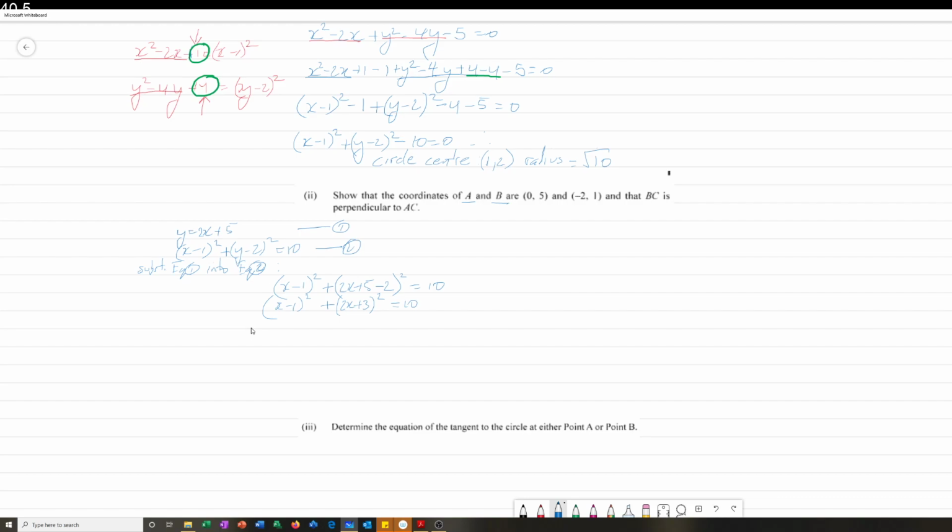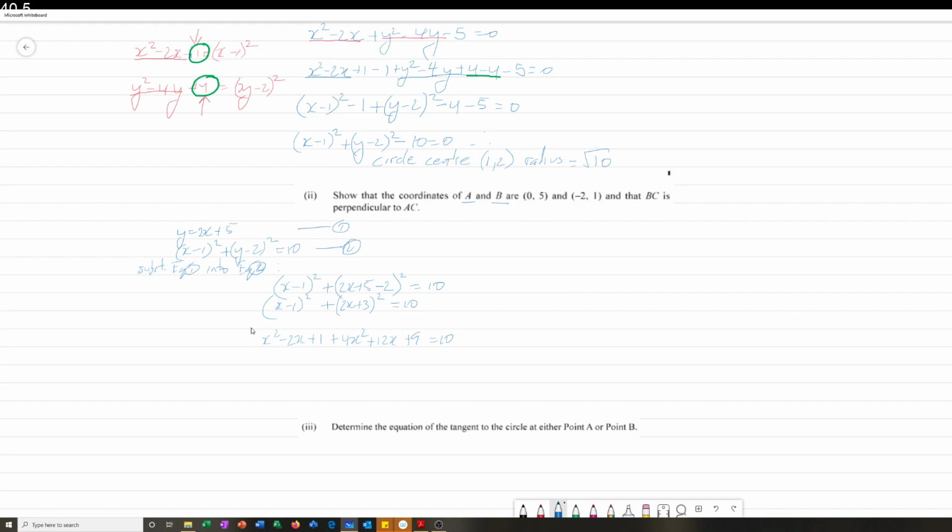Let's expand our brackets. So this would give me here x squared minus 2x plus 1 plus 4x squared. This will give me 12x plus 9 is 10.